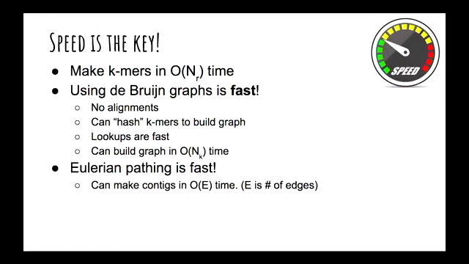So it's only dependent on the number of edges we have, and so it's also very fast. It's much, much faster than having to do O(N squared) times O(L squared) when we're doing overlap layout consensus, especially if we've got 40 or 50 or even 200 or 300 million reads that we have to process.